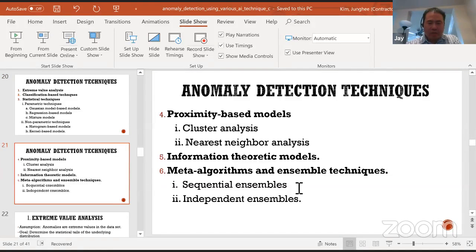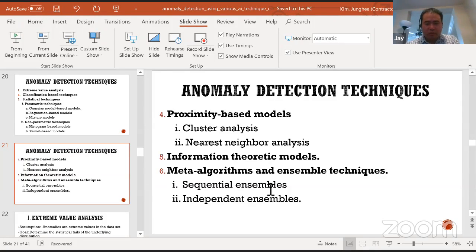And proximity-based models, such as clustering models or nearest neighbor models, can detect anomalies. Then information theoretical models, something like a p-value. With a p-value of 0.05, the 5% tail of the distribution, we can say whether it's significant or not.